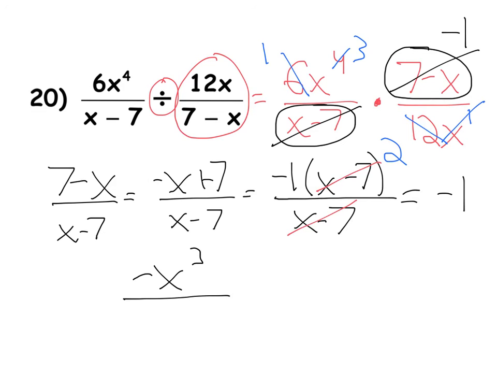Is there anything in my denominator? Yeah, don't forget about this 2, which we got when we canceled 6 and 12. So in my denominator, I get a 2. And, believe it or not, our ultimate respuesta is negative x cubed over 2.